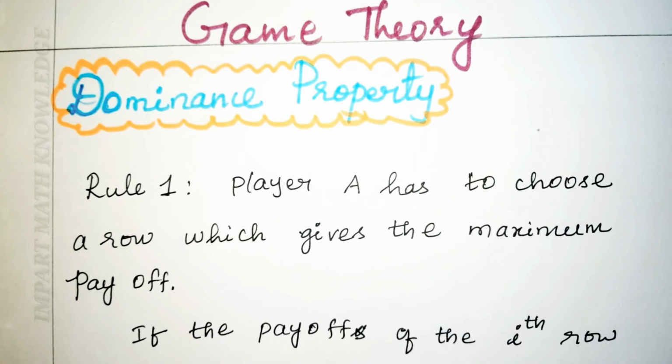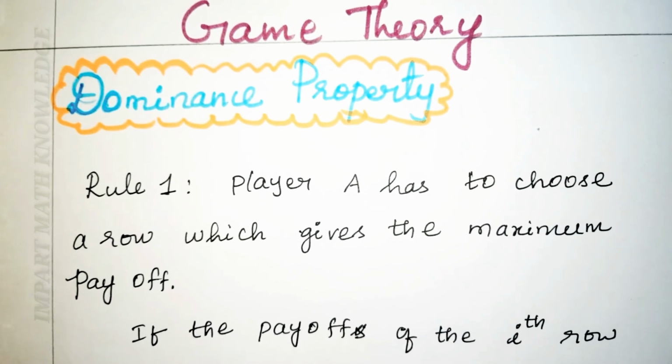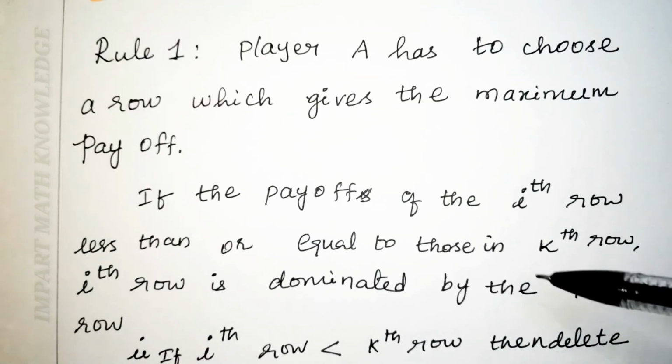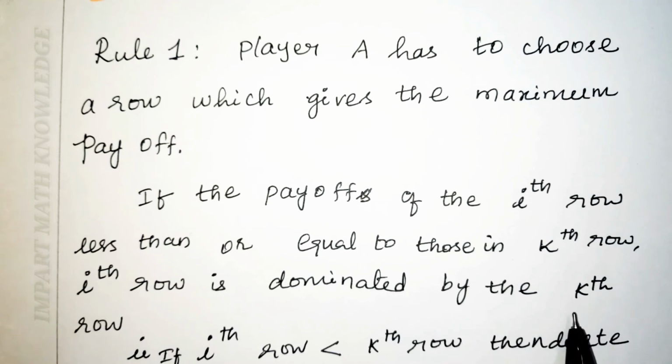Rule 1: player A has to choose a row which gives the maximum payoff. If the payoff of the ith row is less than or equal to the kth row, then the ith row is dominated by the kth row. In this case, player A prefers the kth row.